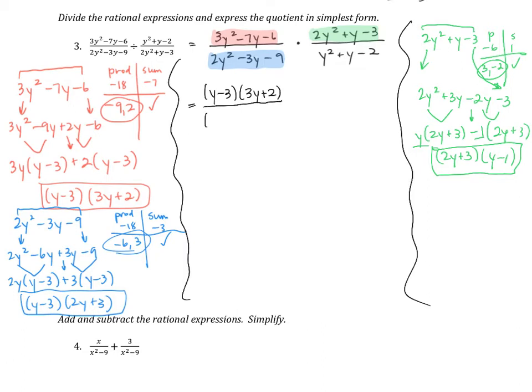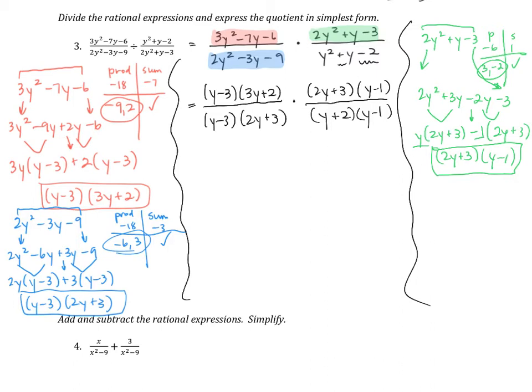The blue is y minus 3, 2y plus 3 times the green is 2y plus 3 times y minus 1. And then the last denominator, this will be y and y. What multiplies to get negative 2 and adds to get 1? 2 and 1, plus and minus. That will multiply to get negative 2 and add to get 1.